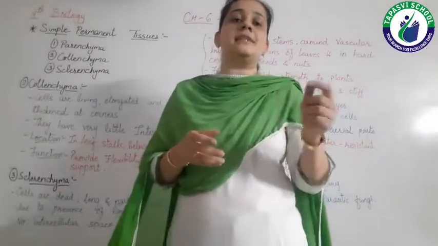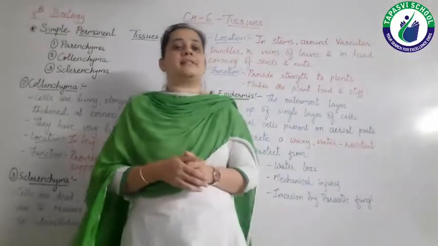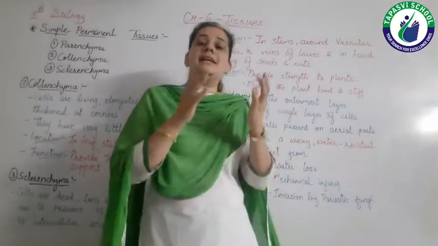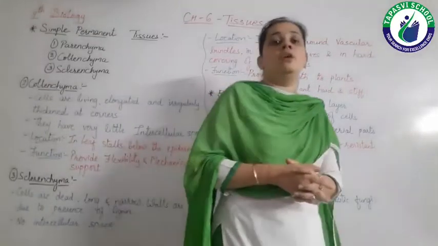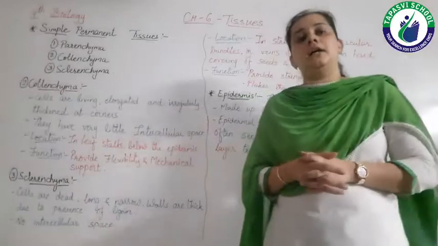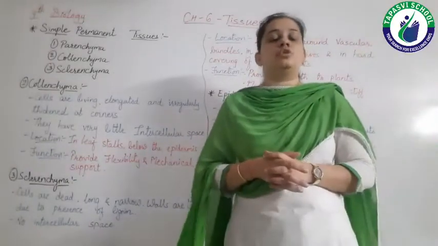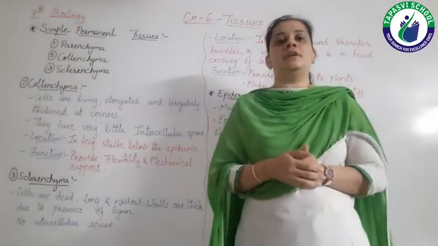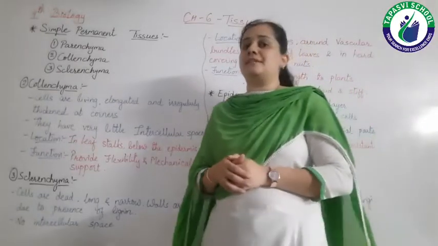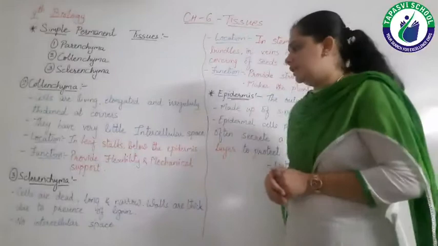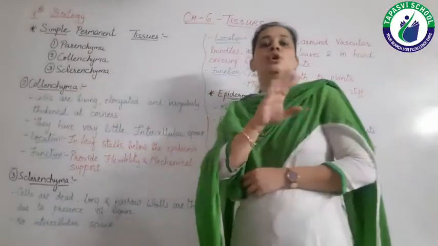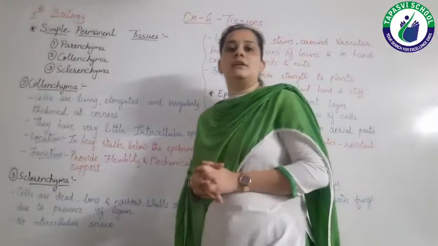Okay, and this thickness is because of the presence of lignin. So what is this? Lignin is nothing but a chemical which provides strength to the plant. Means if the plant is hard and stiff, that is because of the presence of lignin. Okay, here the cells have no intercellular space.